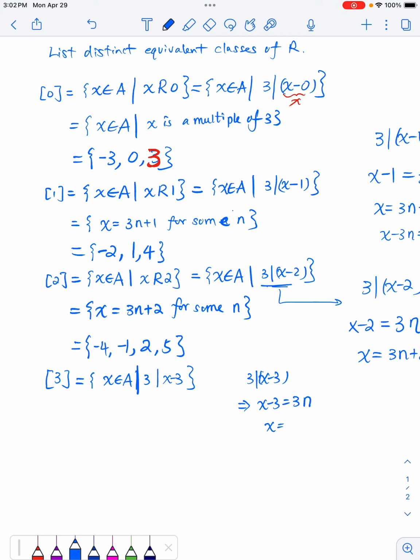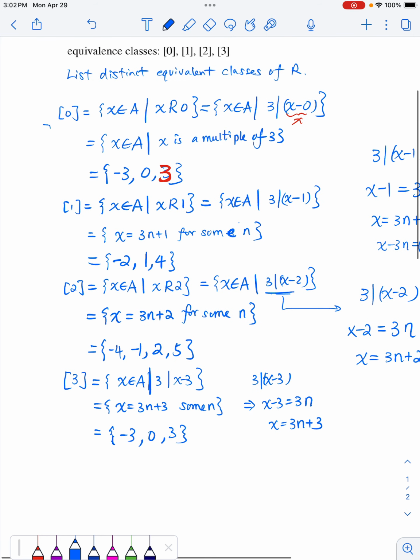That means x equals 3m plus 3 for some integer m. And you try again. When m is 0, you get 3. When m is negative 1, you get 0. When m is negative 2, you get negative 3, right? And that's all you have.